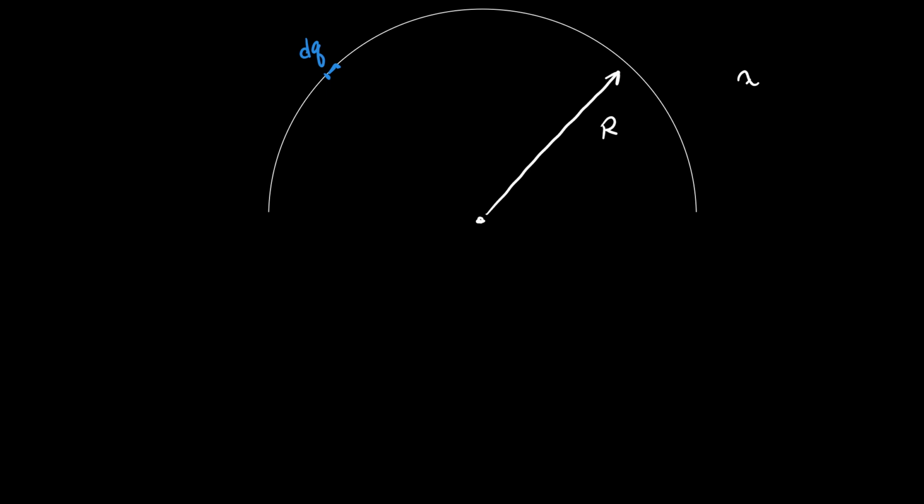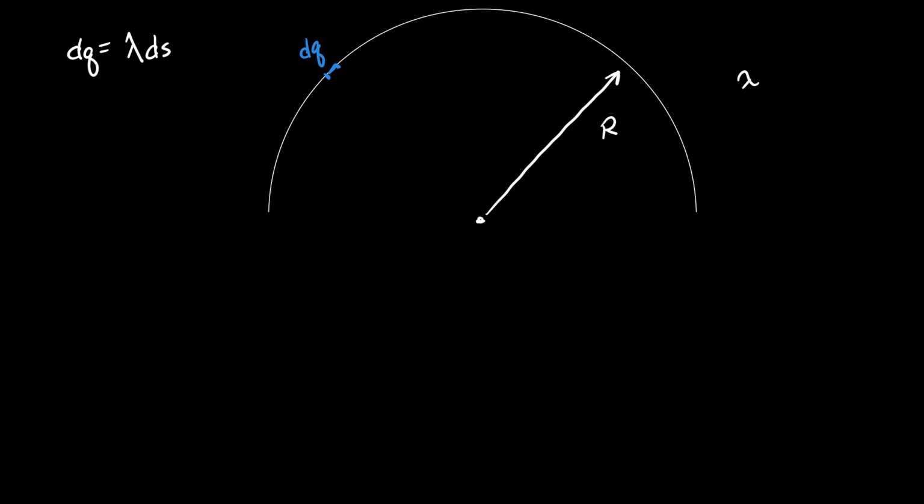Well, you're not going to like what I'm about to do because it's so straightforward, but I'm going to say that dq just equals lambda ds, because lambda is charge density, in coulombs per meter. So I multiply by how big my piece is, and my piece is ds long.